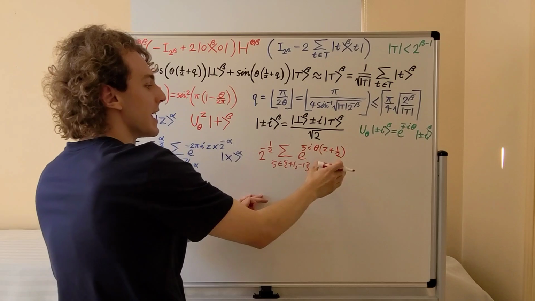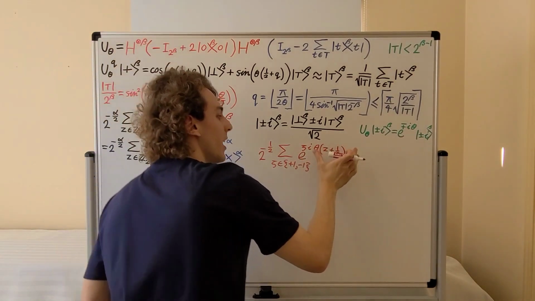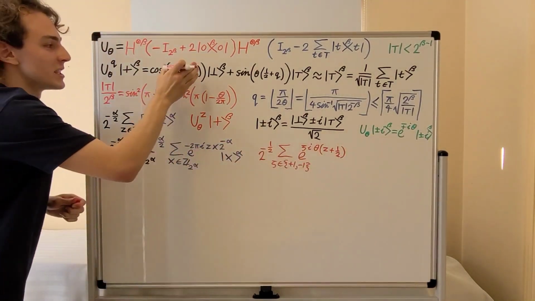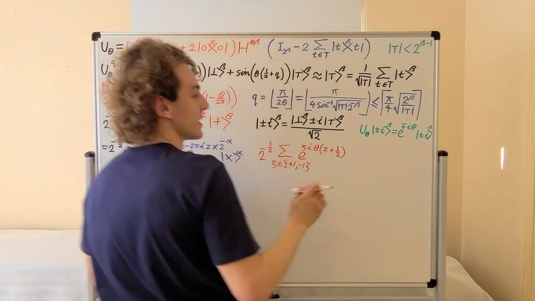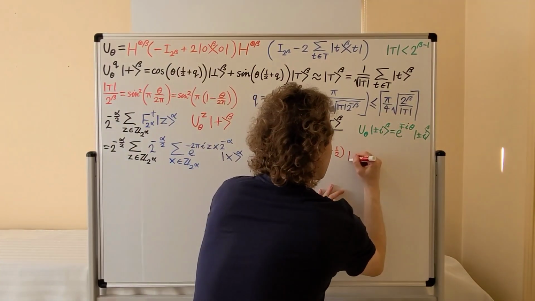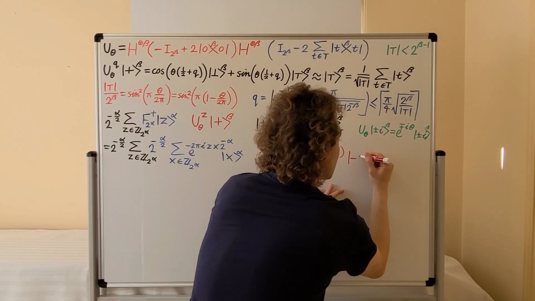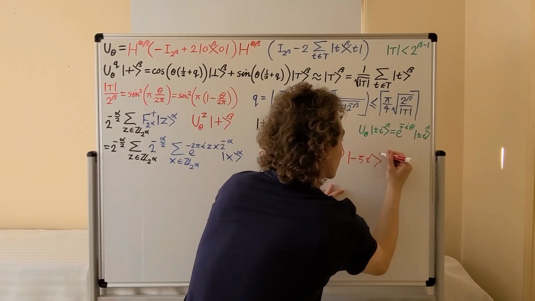So you can see that theta times z plus 1/2, that argument looks very similar to the argument that we had over here for these trigonometric functions. Now that's not a coincidence.